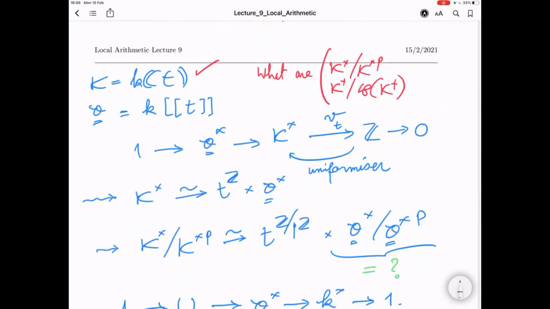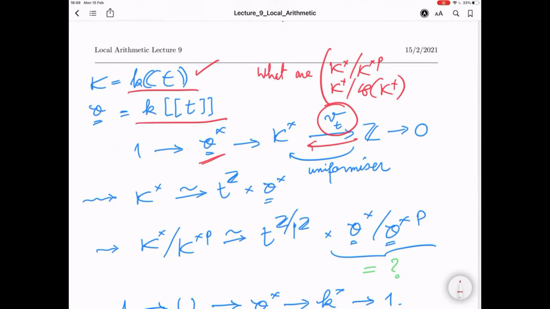So recall that K is this field and you have the ring O of integral power series, they are sometimes called. And you have this valuation Vt from K star to Z, right? And the kernel of that valuation is just O star, the units of the ring O. And of course, this valuation admits a section, and any such section gives a uniformizer.